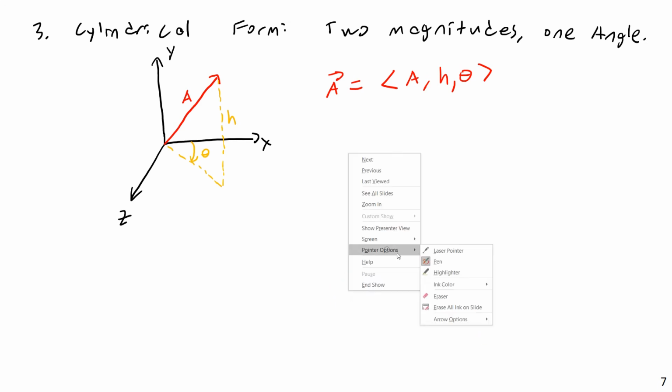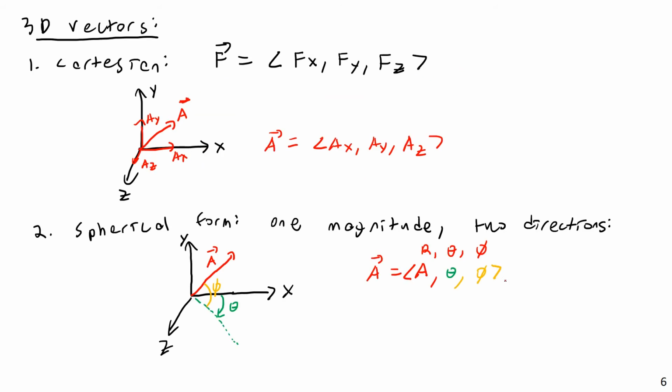Now, that's all well and good, but I would tell you not to get too hung up on the cylindrical and the spherical forms. It is very rare. Now, you sometimes see these in mathematics, you sometimes see these in physics. There are some particular systems in physics, some particular cases in science classes and mathematics courses where these can be useful, but I will tell you that in this class, the only one that we are going to use is the Cartesian form of 3D vectors.